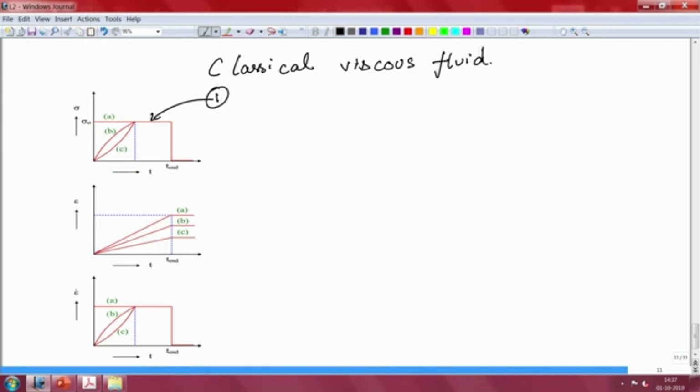Now, the linear viscous fluid, what did we learn about that in our undergraduate classes is that it cannot withstand shear stress. So, here when we say stress we are implying shear stress. It cannot withstand shear stress, which means that it will immediately start flowing.